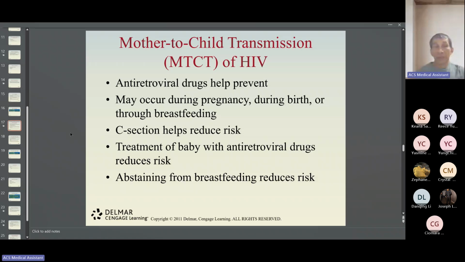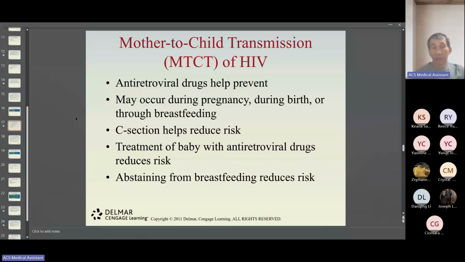So it suppresses the HIV virus. It doesn't kill it, it doesn't eliminate it, but it suppresses it, inhibits it. So there are more chances that the mother is not going to pass this virus to the newborn. So that's basically what it is.